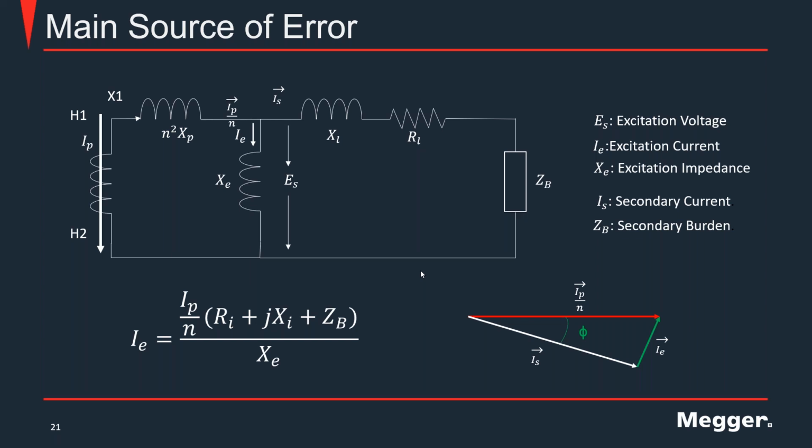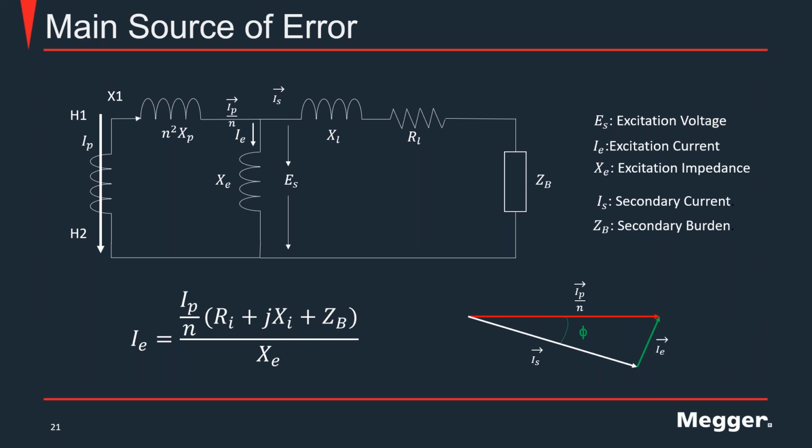As Abel mentioned in his presentation, the error in the CT measurement comes from two parameters. One is the ratio error, the other is the phase angle error. And if you look at this slide, you would notice that the error is coming from the current in the excitation part, IE.